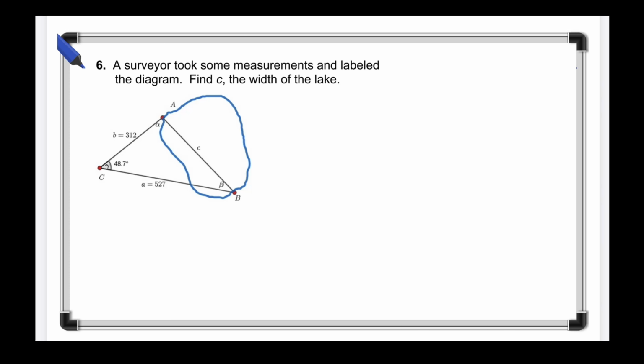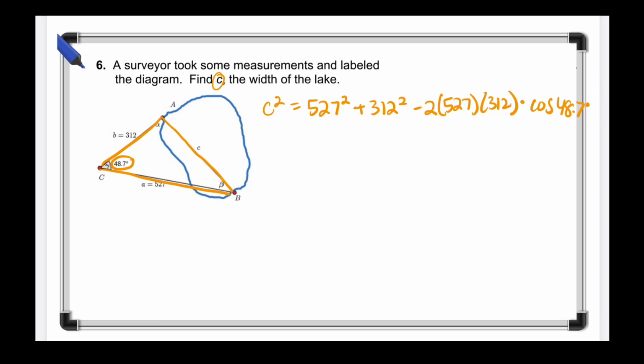Okay, so in this question, we're going to find C, which is this side right here, which is the width of your lake. So side C, so C squared, is equal to, and I have my angle here, and I have the two sides that make up that angle. So I have 527 squared plus 312 squared minus 2 times those numbers, 527 and 312, times the cosine of 48.7 degrees.